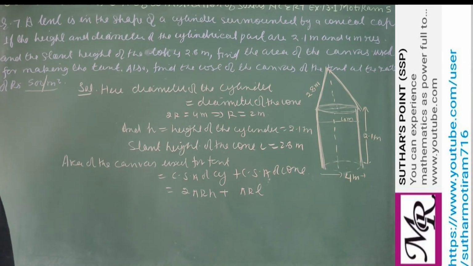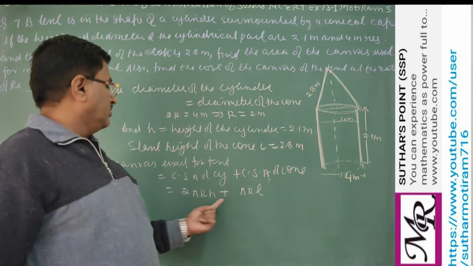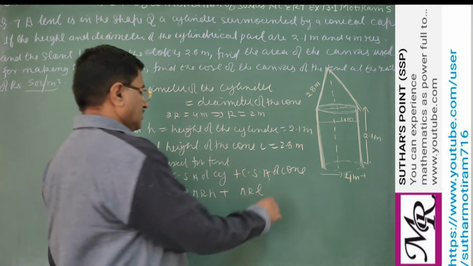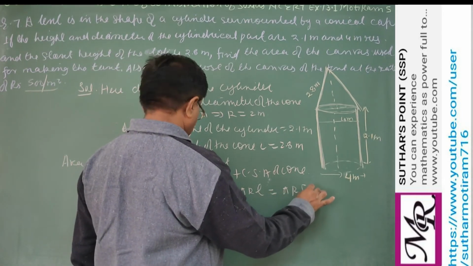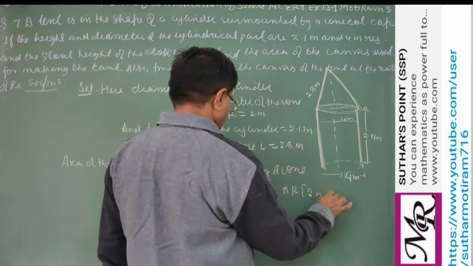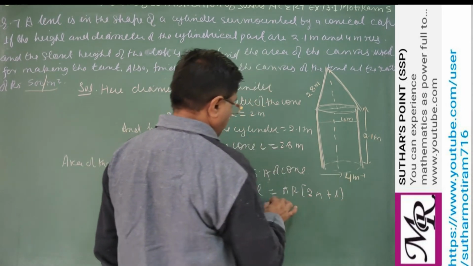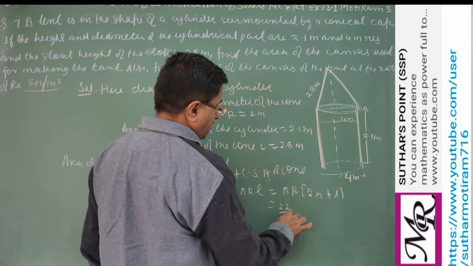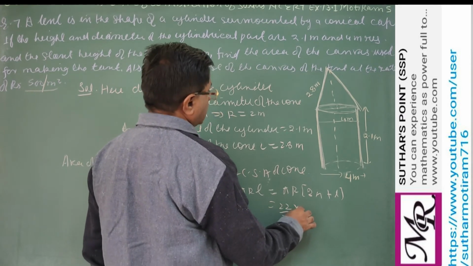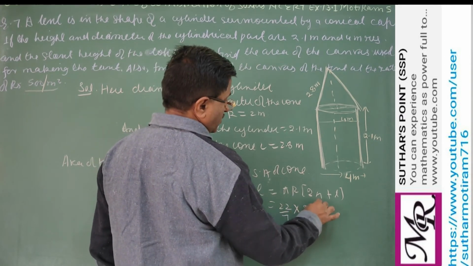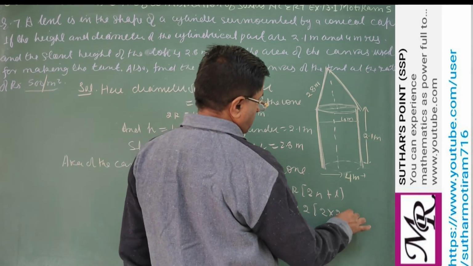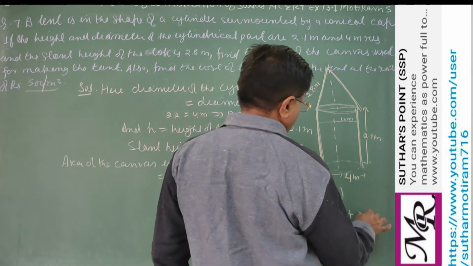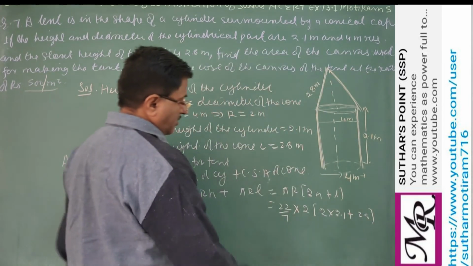Here both r is the same, that's why we are using capital R. So you can take πR as common: πR(2h + l). Put the values: 22/7 into capital R, that is 2 into h, height is 2.1, plus l is 2.8.